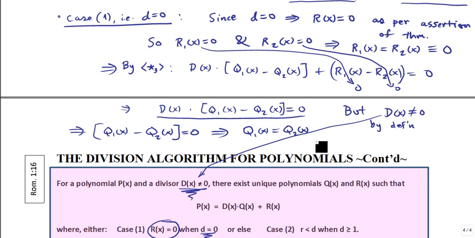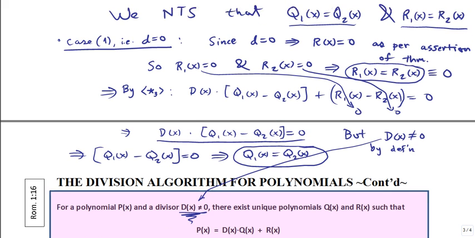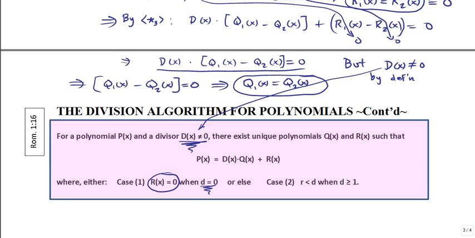And so that completes that part, because we have q1 of x equals q2 of x, and I also have that r1 of x is equal to r2 of x. And so in fact what I was trying to achieve from the beginning I've shown. Okay, so q1 of x is equal to q2 of x, r1 of x is equal to r2 of x. Uniqueness in case 1 has been shown.